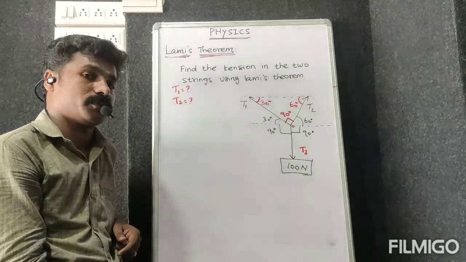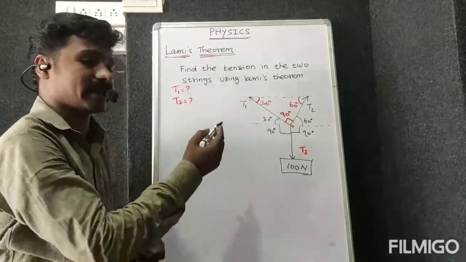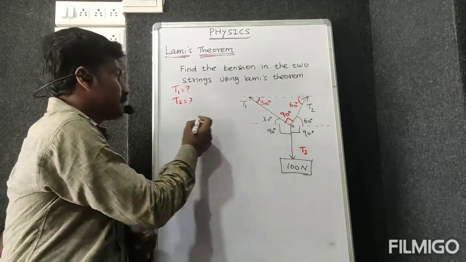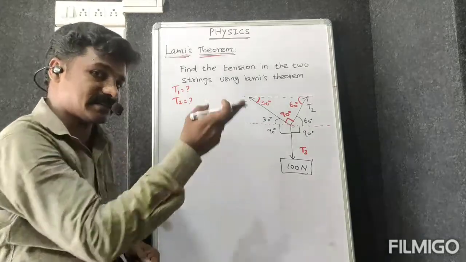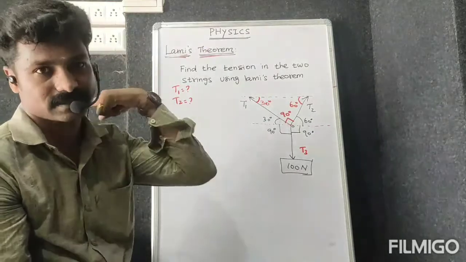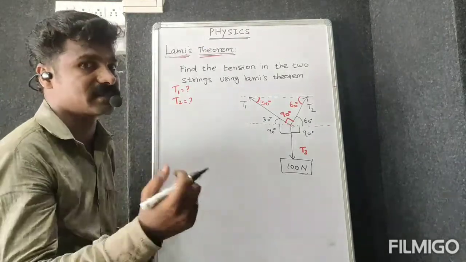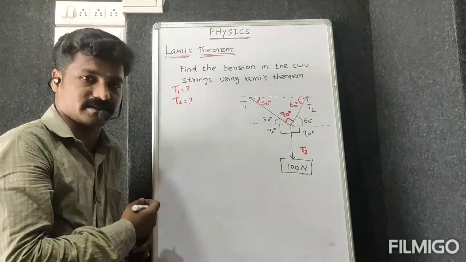Now you know Lami's theorem formula, so we can write it. Instead of force, we can say tensional force, because the tensional force is due to stretching of the string.